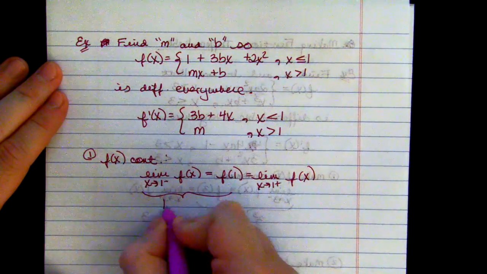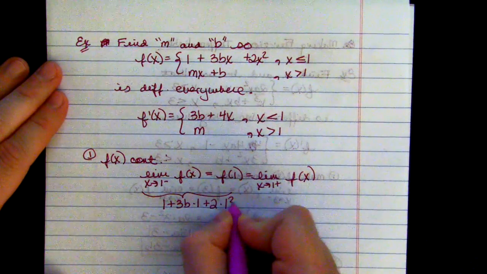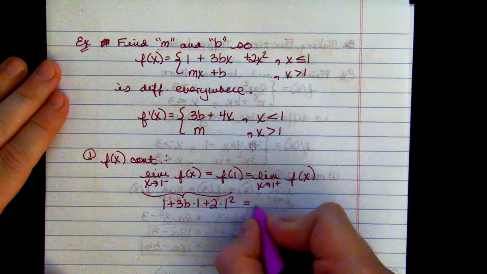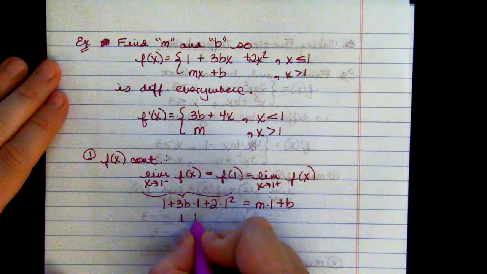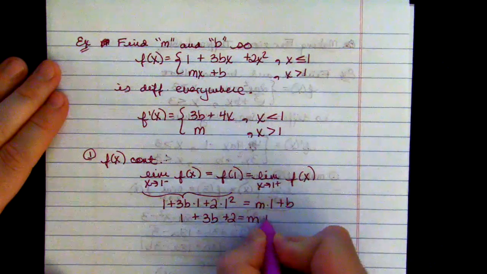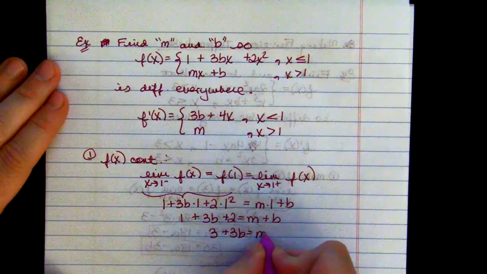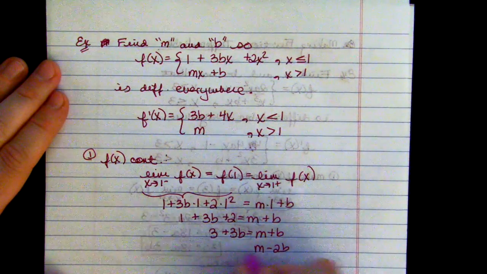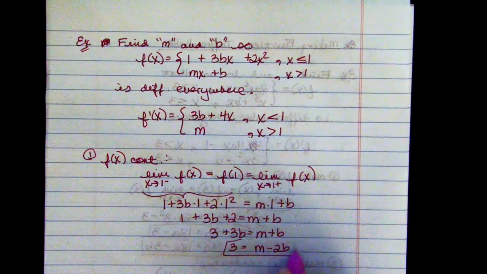These are both defined by the top, so 1 plus 3b times 1 plus 2 times 1 squared equals m times 1 plus b. 1 plus 3b plus 2 equals m plus b. You're going to get 3 plus 3b equals m plus b. Maybe I'll move things around and say m minus 2b equals 3 or something like that. Whatever.